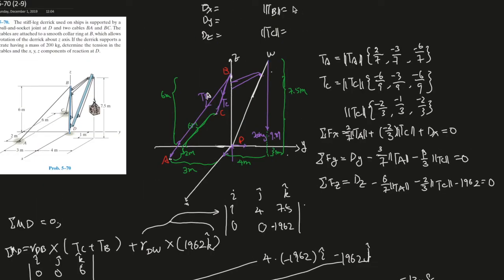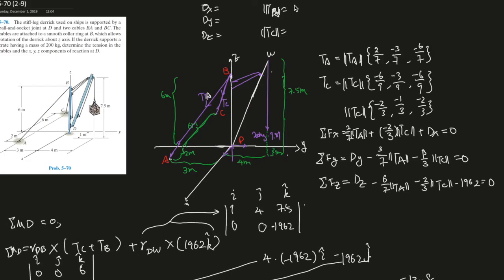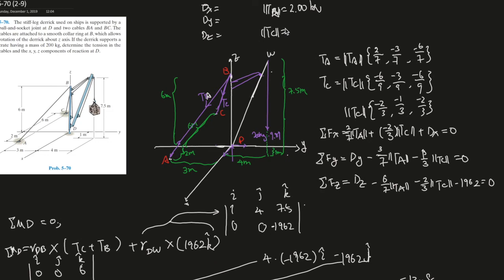So TA, I'm sorry, TA should give you 2002, so 2.00 kilonewtons, and TC, sorry, should give you 1348, so 1.35 kilonewtons. And yeah, plug all of these two numbers in here, right?